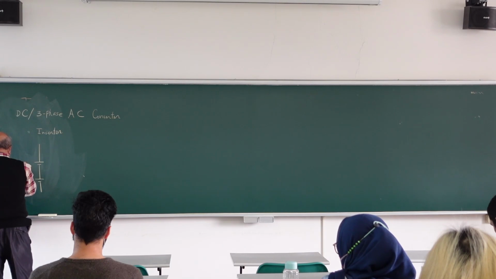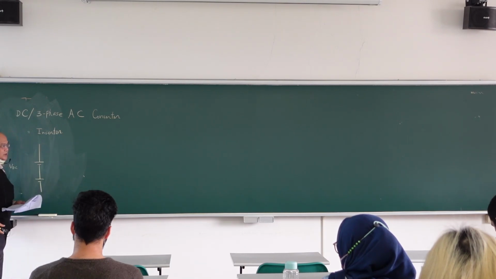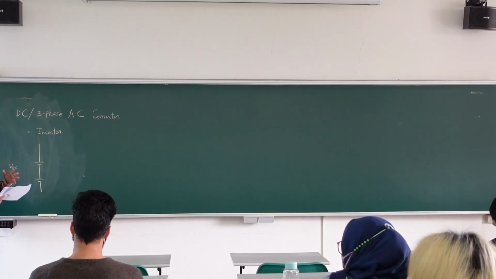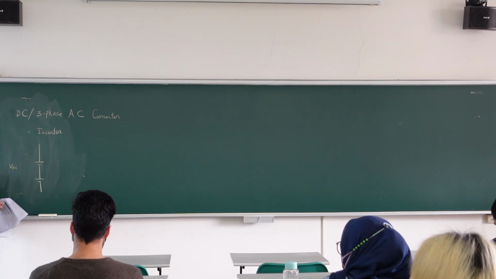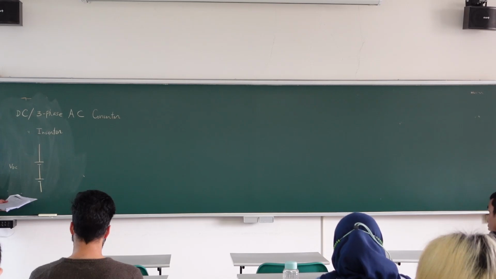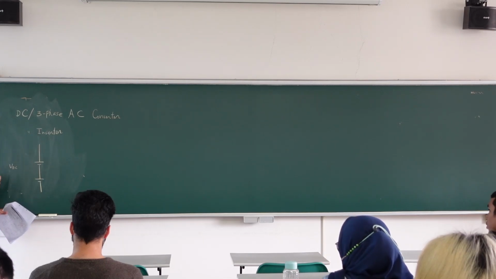So what is VDC? We can think the VDC is a battery, right? We use a battery, like in an electric vehicle. We use maybe 500, 600 volts of batteries to drive the motor. But this is too complicated.